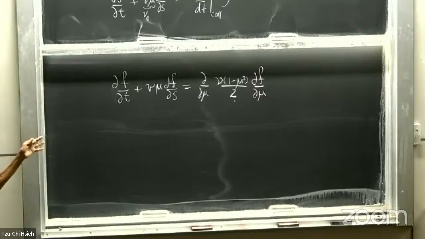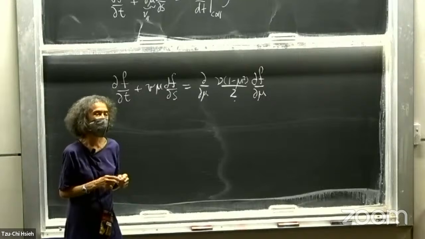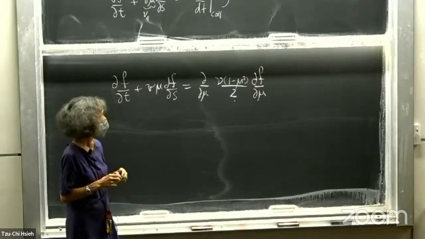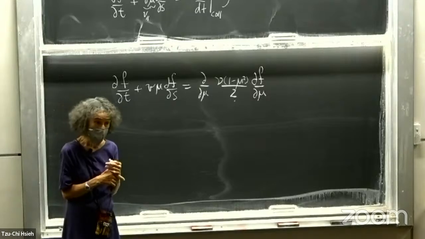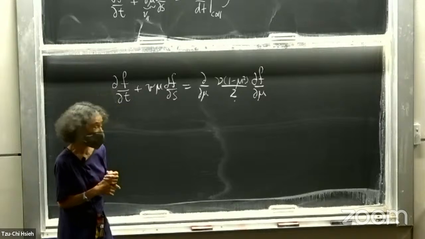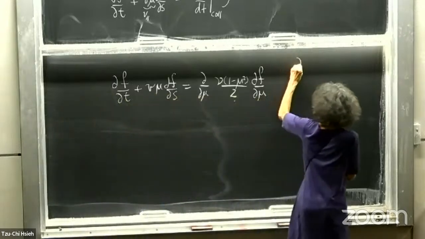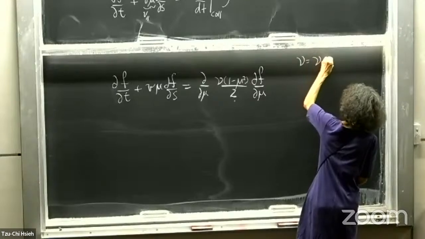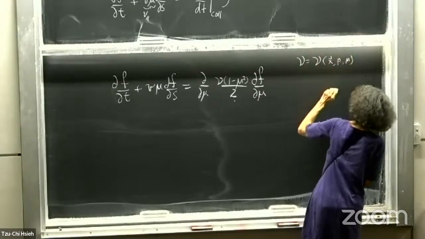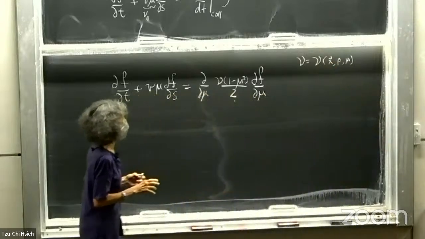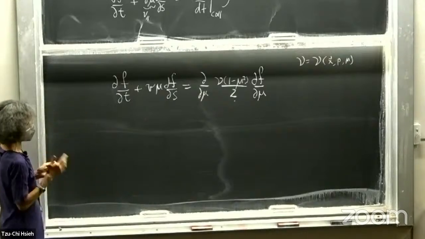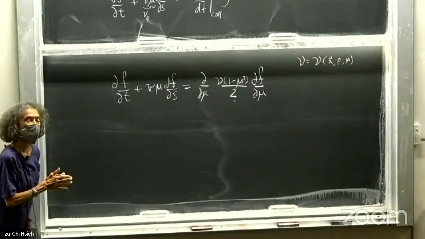Any questions or pushback on how we got here? Yeah. So nu can depend on space, it can depend on momentum, and it can depend on pitch angle. Just to emphasize, nu is nu of x, p, and mu. Could be time too, but for now, let's just make it nu. Why do you assume variation only happens in the parallel direction?